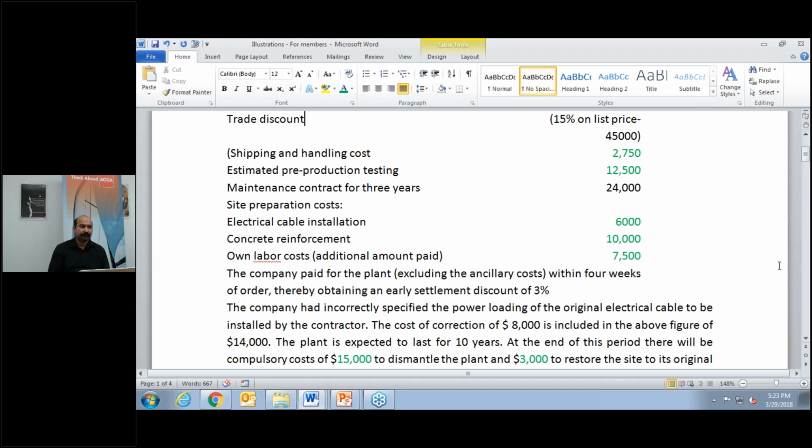And the answer is 311,750. So far as this early settlement discount is concerned, this will not affect the cost of your asset, because this is a finance transaction. This is nothing to do with the initial recognition.